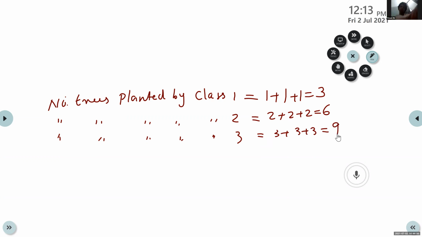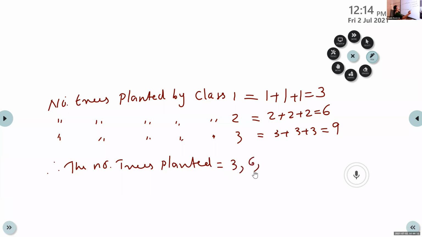So the number of trees planted is 3, 6, 9, etc. Is the common difference same? Three. Common difference is same.